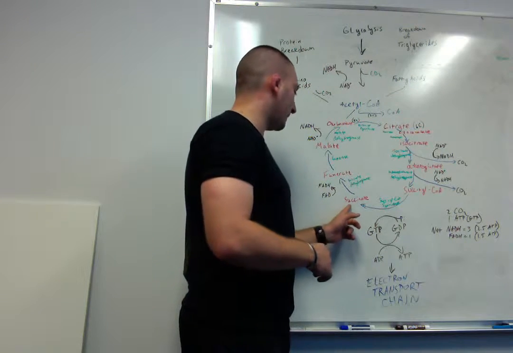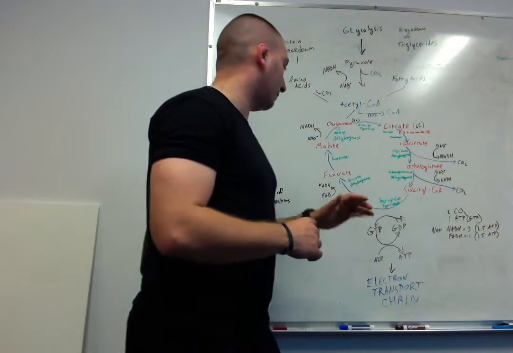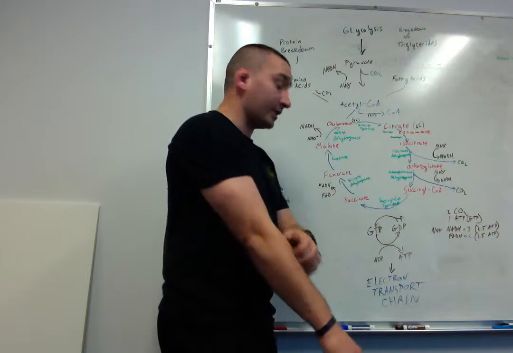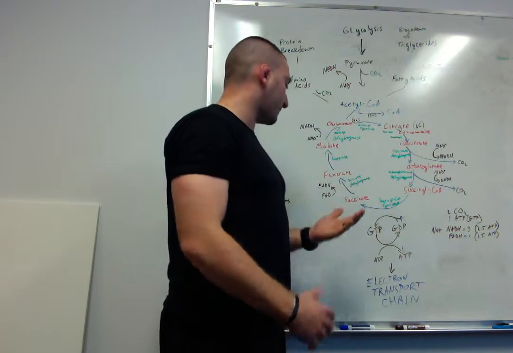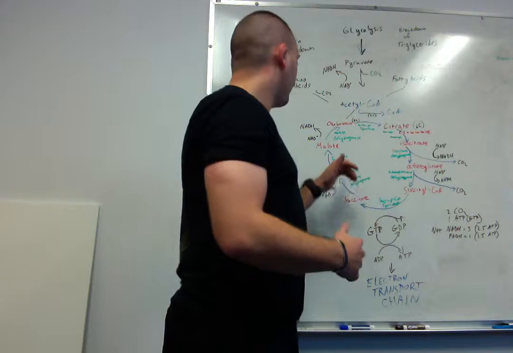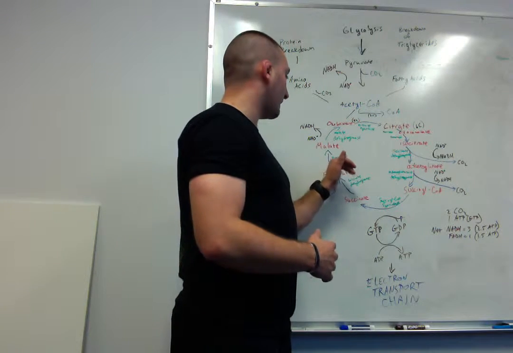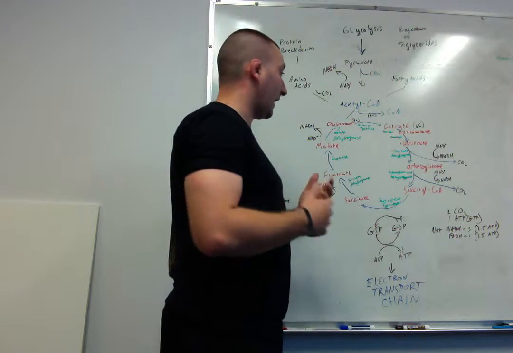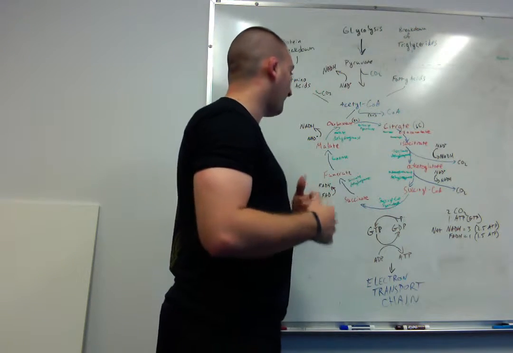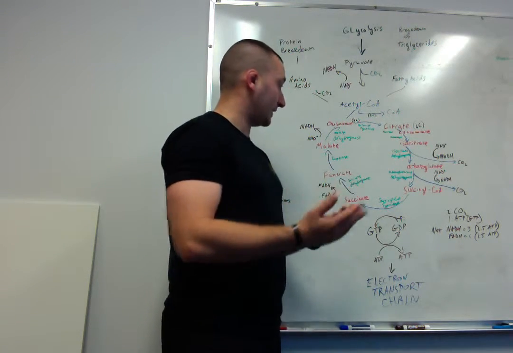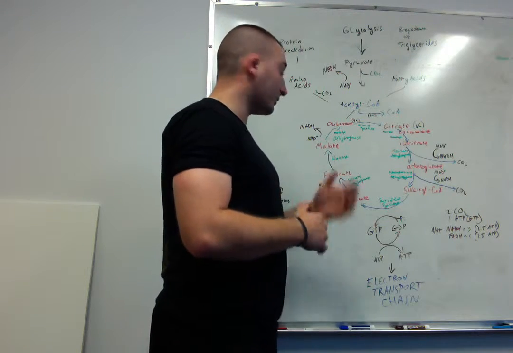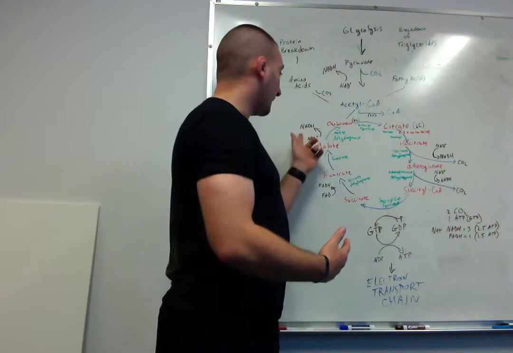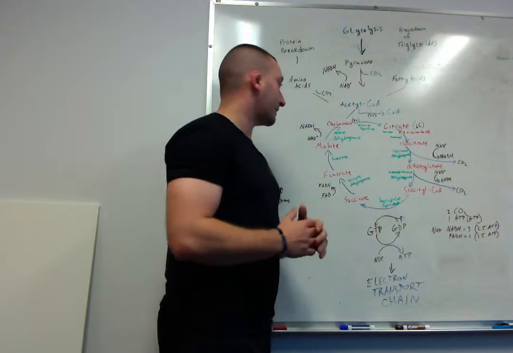So from succinate, we go up to fumarate through the enzyme succinate dehydrogenase, and in this process, we gain another FADH. From there, we use fumarase to get up to malate, and then malate back to oxaloacetate through the enzyme malate dehydrogenase, which brings us back to the beginning of the cycle. Again, we gain another NADH in this process.